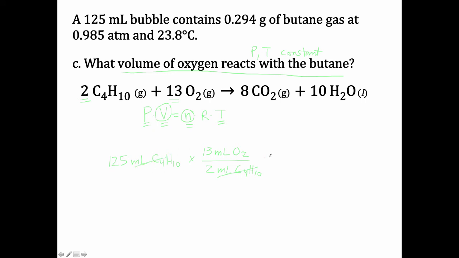Milliliters of butane cancels, and 13 times 125 divided by 2 works out to be 812.5 milliliters of oxygen, providing pressure and temperature are the same for both, which is what we're stating is the case.